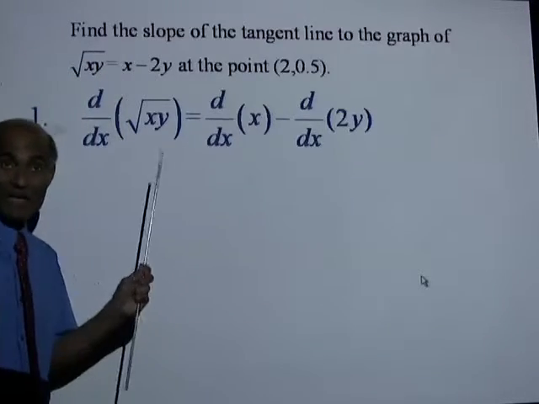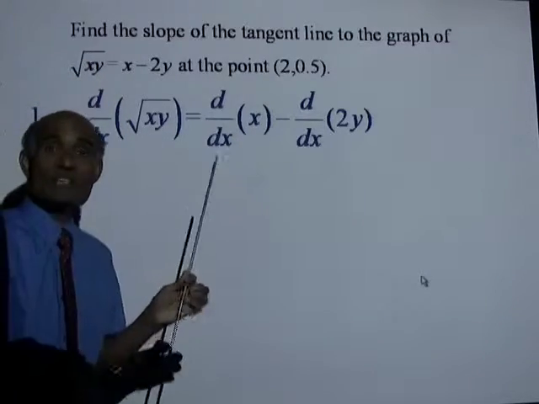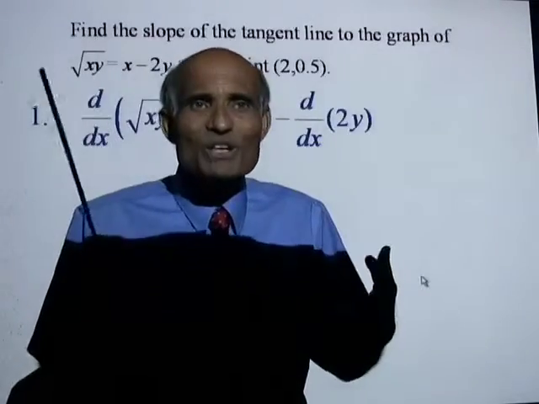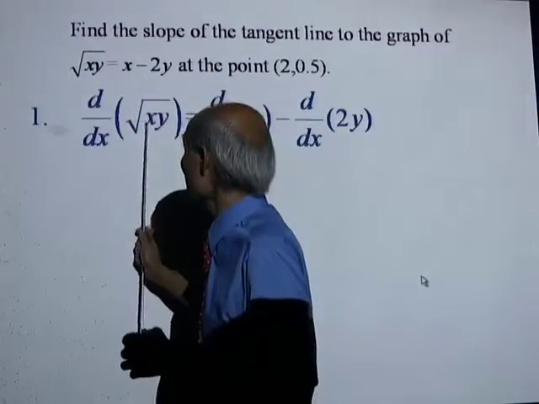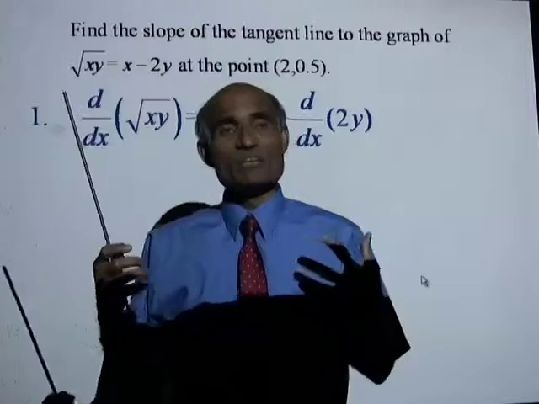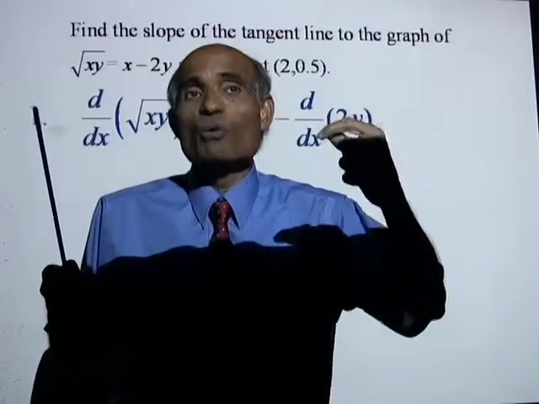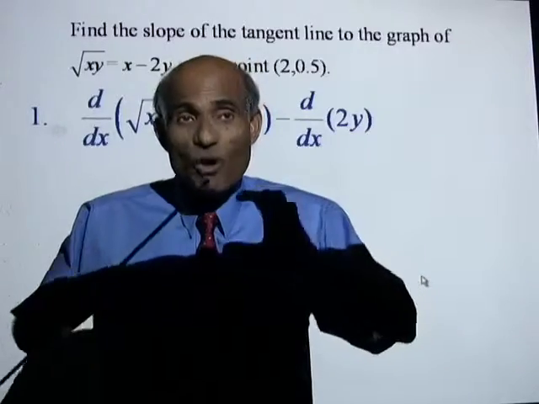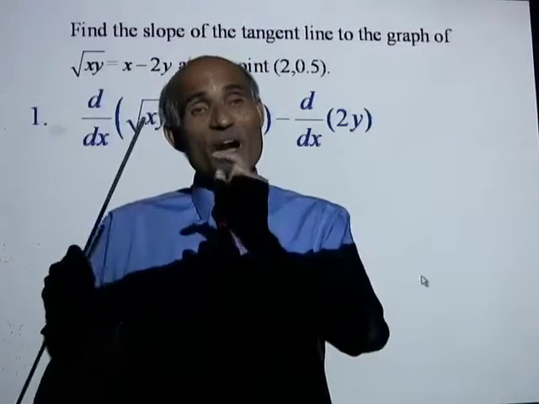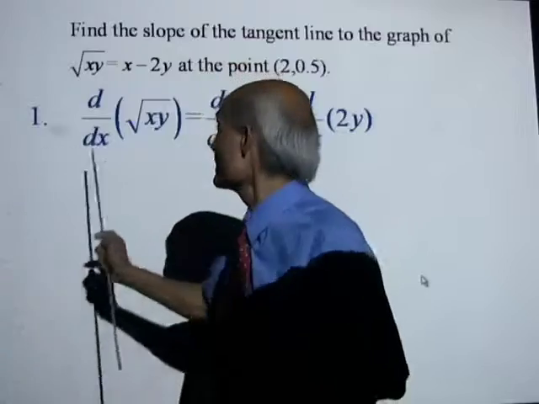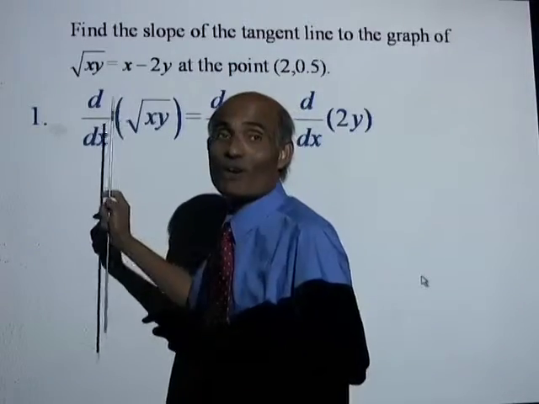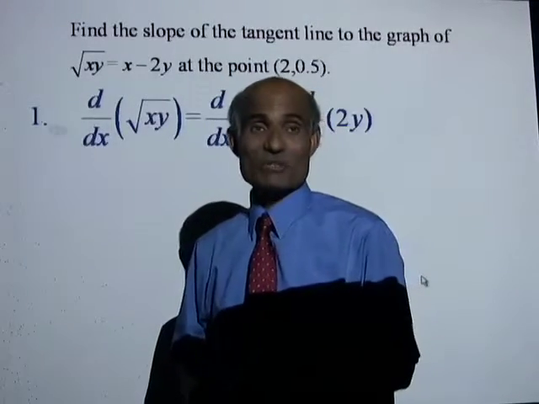You must understand that the derivative of a square root quantity, here the quantity is xy, is 1 over 2 square root of that quantity times the derivative of that quantity. Alright, can you do that?